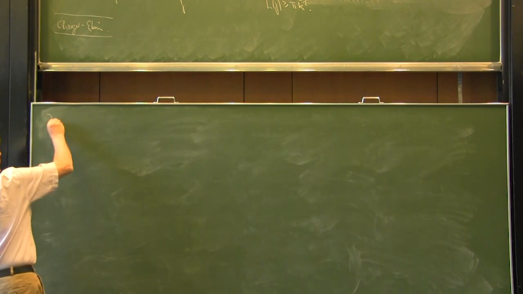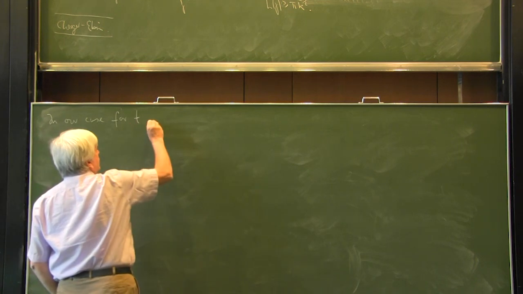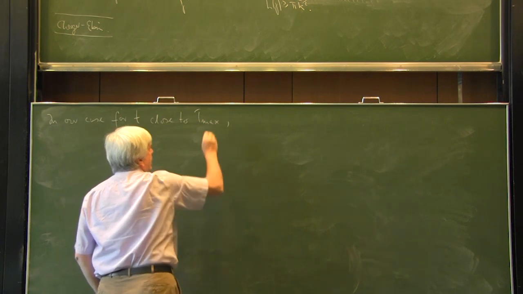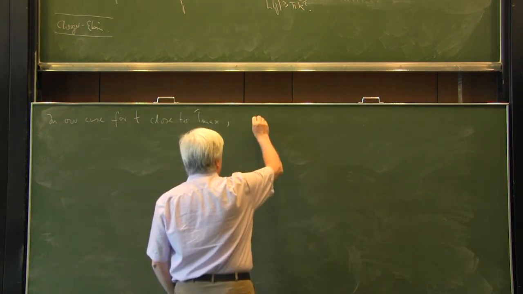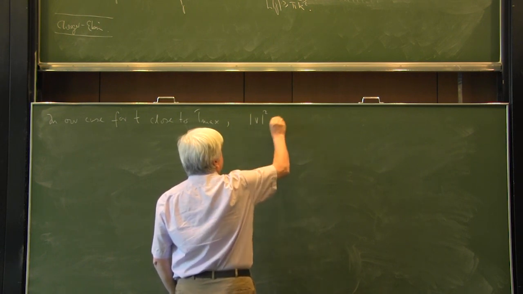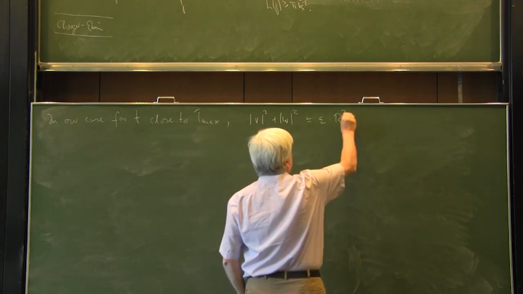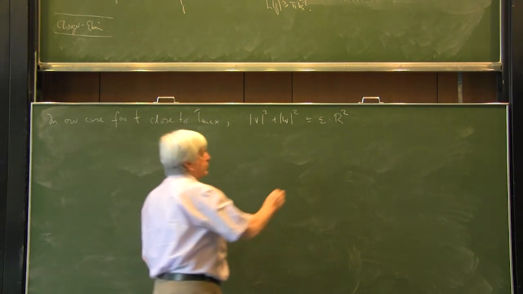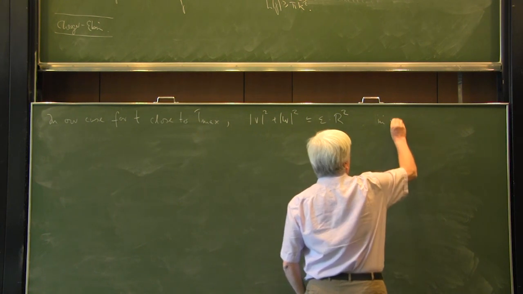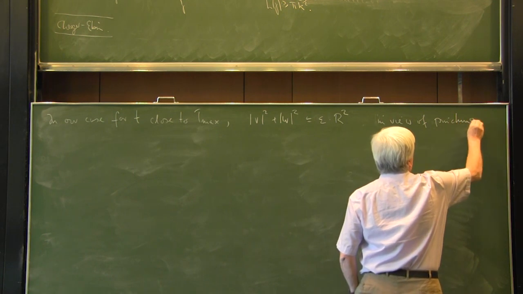So in our case, for t close to t max, we have that v squared plus w squared is less than epsilon times r squared, in view of our pinching assumption.